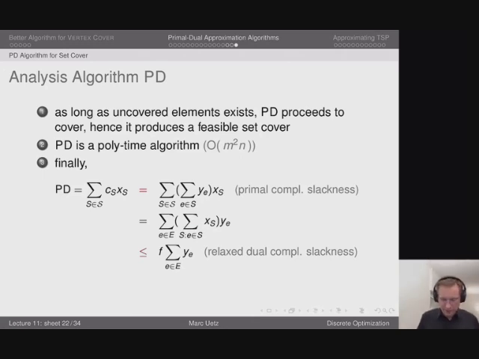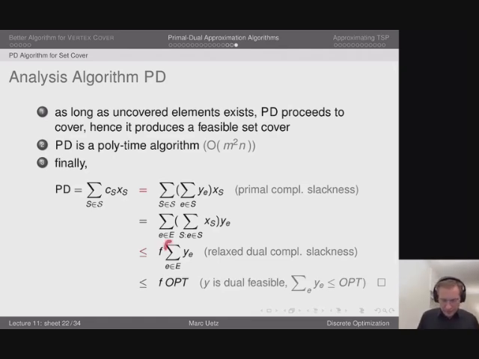And now I can use relaxed dual complementary slackness because I know that for each element e, where we increase the dual variable to something strictly positive, the number of selected sets is at most f, the maximum frequency of any element. So this thing here is at most f, so I get f times the dual objective function value of the LP relaxation, and that smaller or equal comes from the relaxed complementary slackness condition.